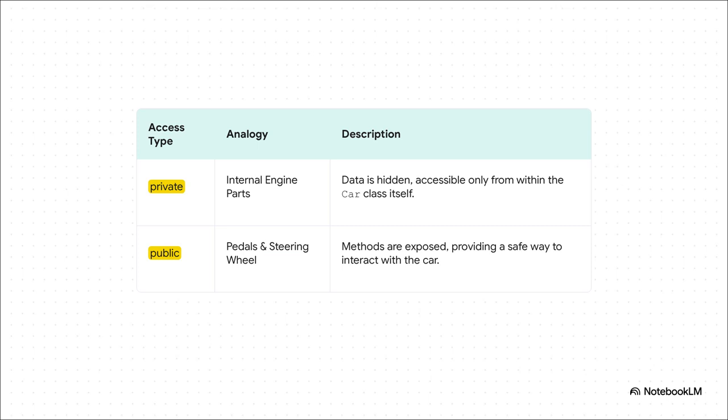We label our data. The really sensitive internal stuff, like the engine's timing, the fuel injection system, we mark all of that as private. Nobody from the outside can touch it. But the controls we want the driver to use, the steering wheel, the gas pedal, the brakes, we mark those as public. It creates a safe, predictable, and clear interface to drive the car.